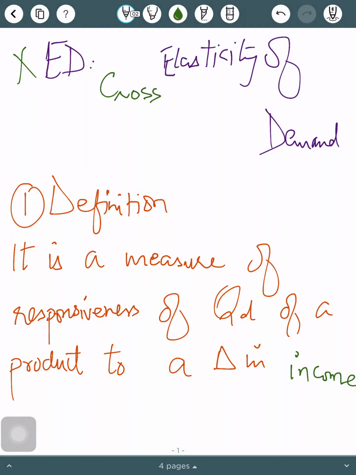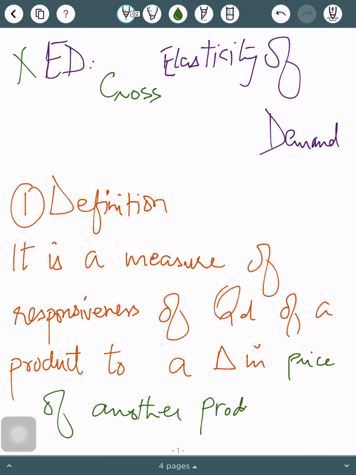Okay. So definition, how would we modify the definition? It is a measure of responsiveness of quantity demanded of a product to a change in, instead of income that we had for YED, we will now have a change in price of another product.